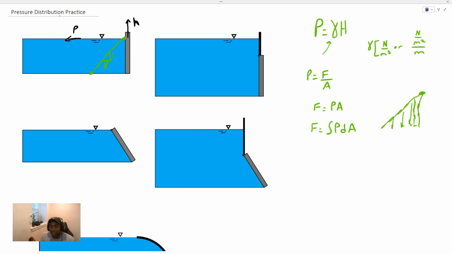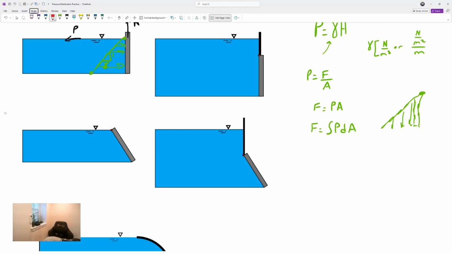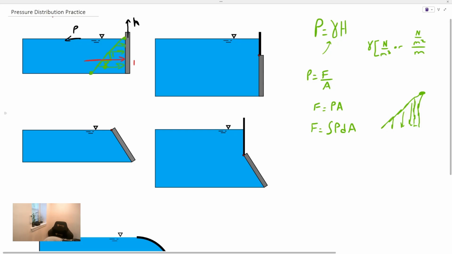If you do that for the entire area, what you get is a total volume under that distribution. So here we'd find the volume of this triangular prism, and we'd be able to find the total force, and we place it at a third of the distribution, right? That's because the centroid of a triangle is a third of the way, and it would be about here, one third from the bottom surface.